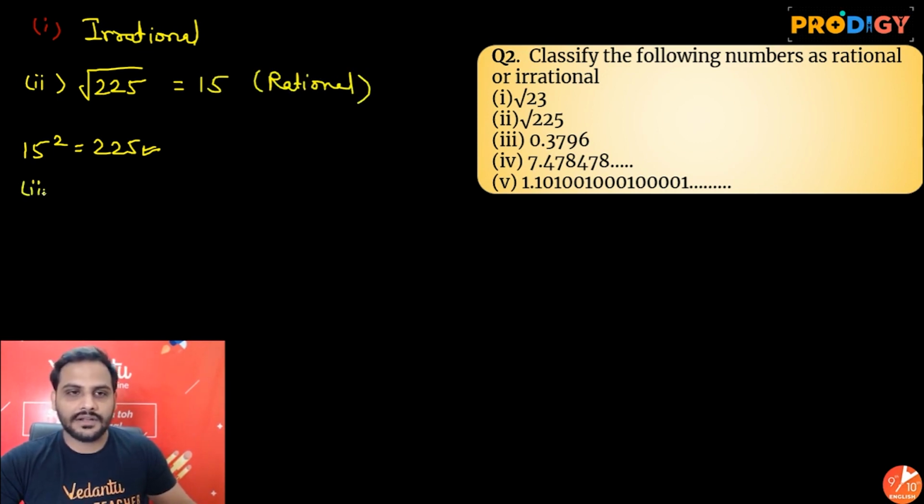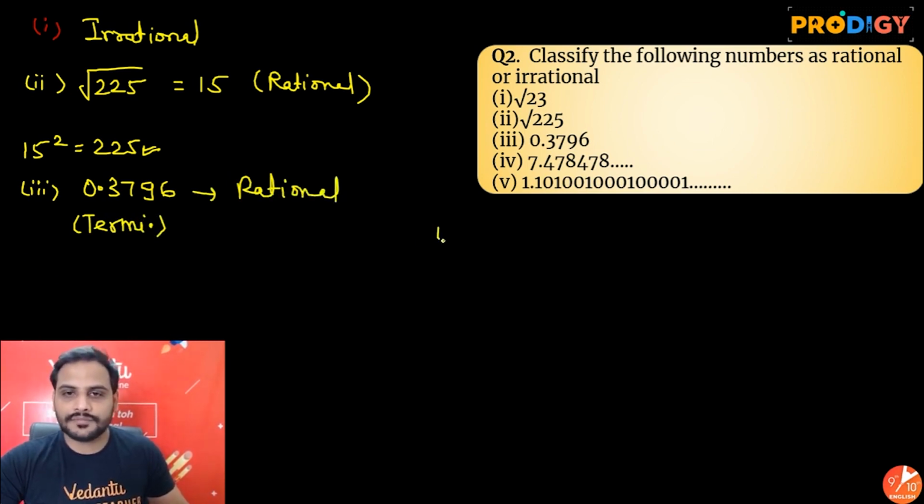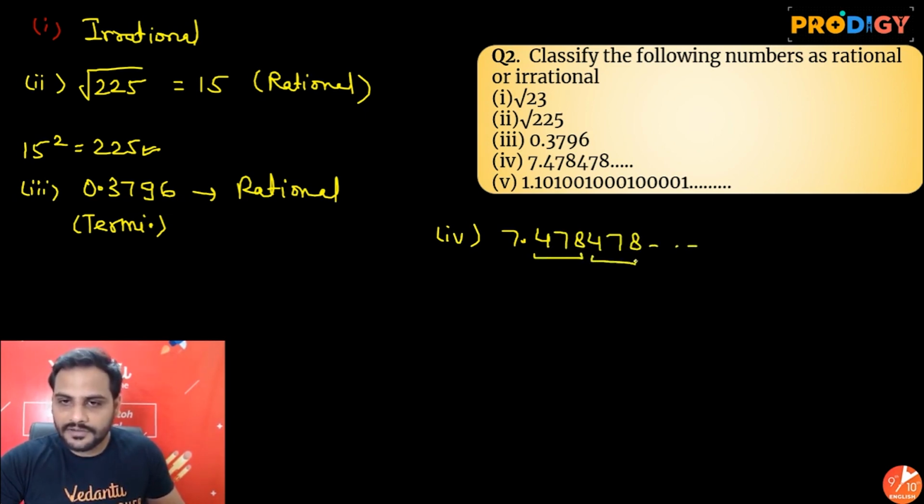Question number three, 0.3796. Again you can see it is a terminating decimal, and if it is terminating we can say it is a rational number. Fourth one, 7.478478 and so on. So we can clearly see 478 is repeating itself.